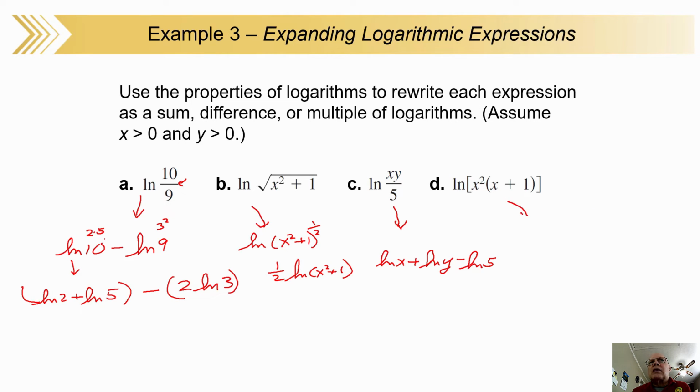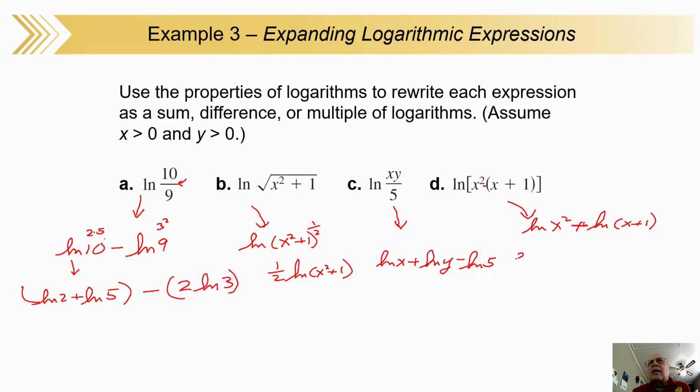On the last one, I've got multiplication. So I'll have the natural logarithm of x squared plus the natural logarithm of x plus 1. Make sure you put the x plus 1 in parentheses, and you show this as a plus. Now notice before we leave this, this has a power.